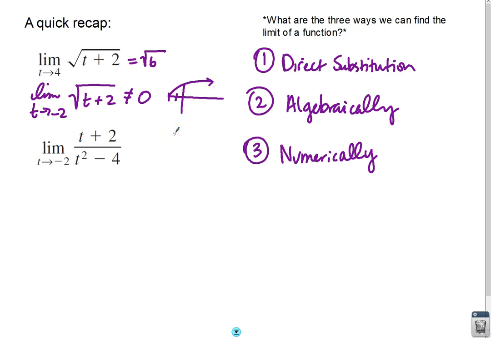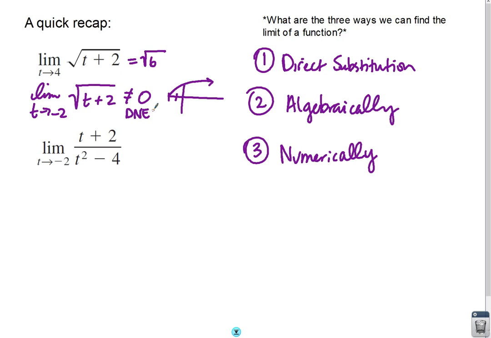Because this is not implying a one-sided limit, it is a limit from both sides, but there's only the right-hand side. If you wanted to find the limit as t approaches negative 2, you could only find the right-hand limit. You can't find this right here. So this would actually be does not exist unless we were to ask you for just the right-hand limit, and then it would be 0. I hope that makes sense.